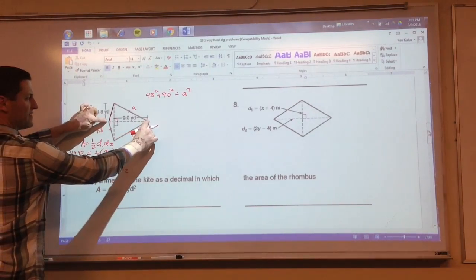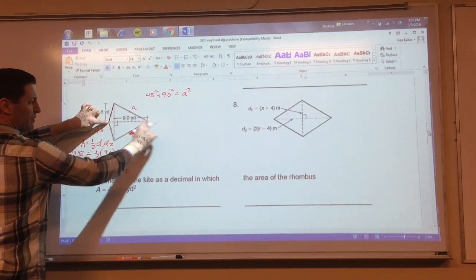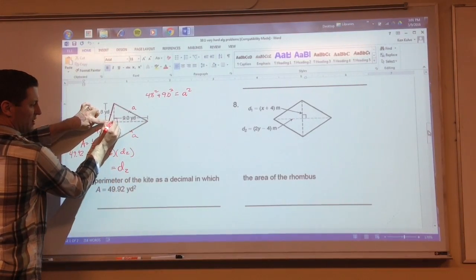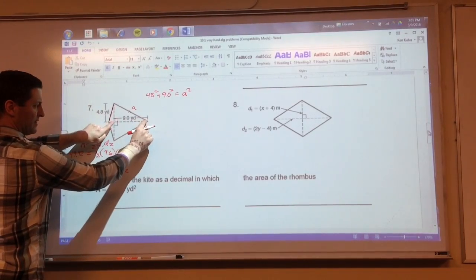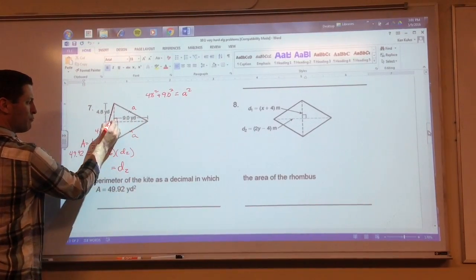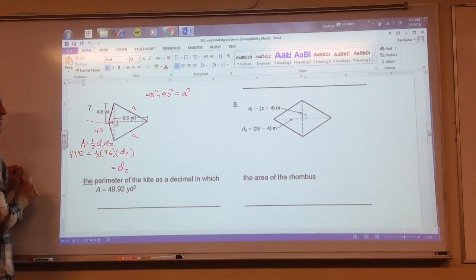That'll be the whole distance there from tip to tip, which means this chunk is whatever diagonal 2, the whole distance is, minus 9.0. Probably shouldn't be very much. I'm not looking at a very big chunk right there.